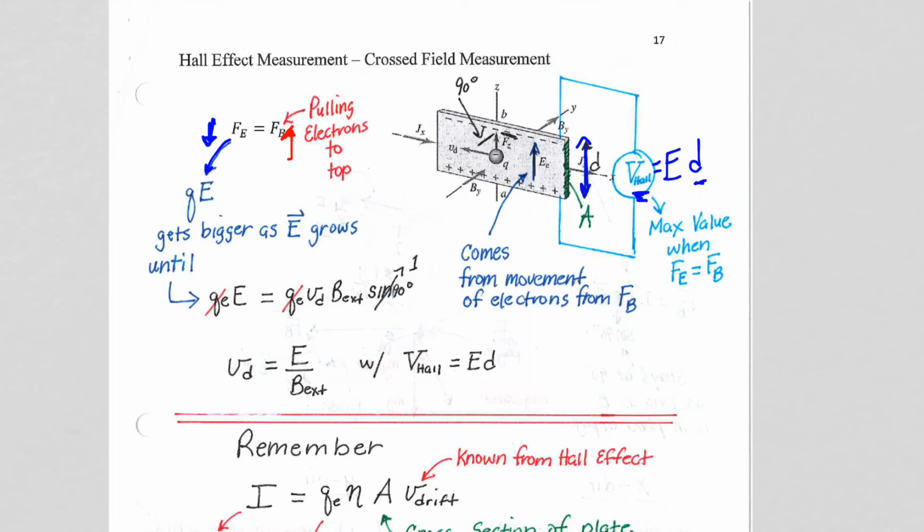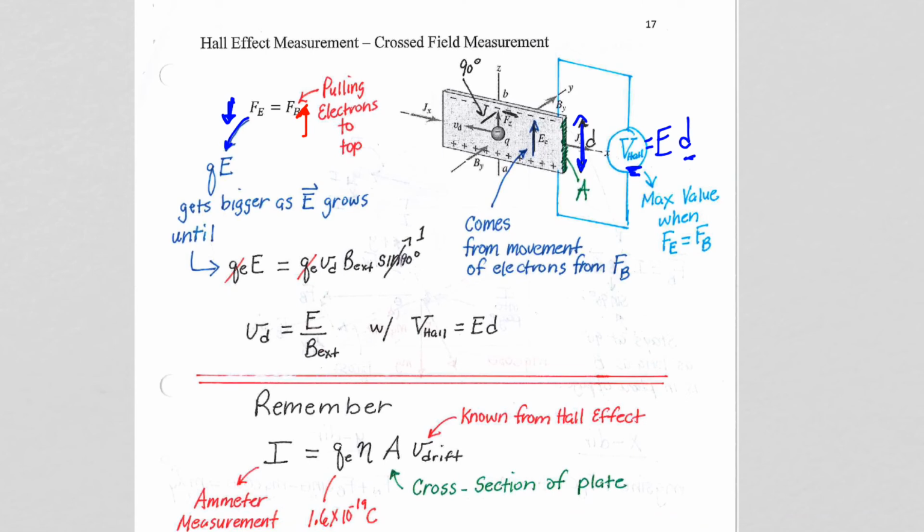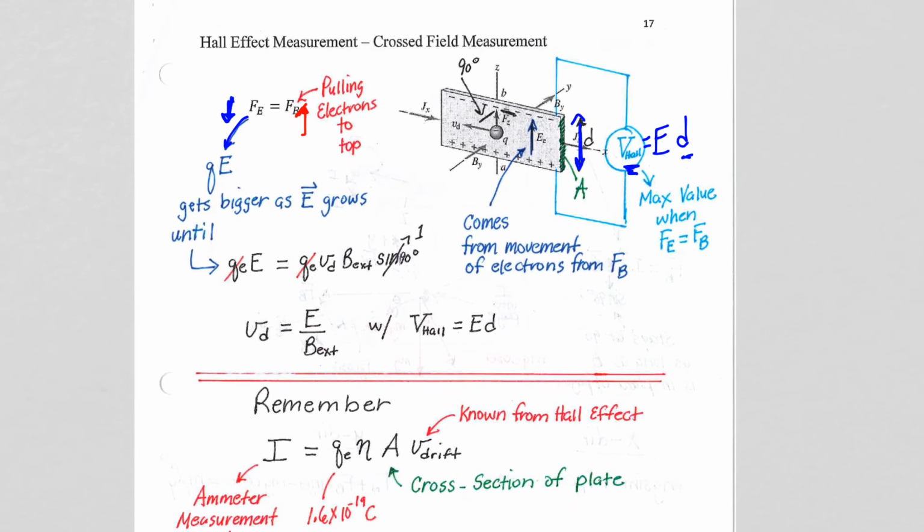The polarity will stop building. At that point, we have our crossed fields situation. We have the B field going perpendicularly into the plate, the electric field in the plate going straight up, at 90 degrees to each other.